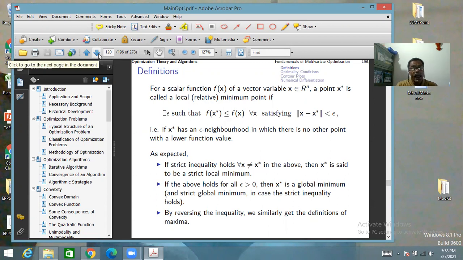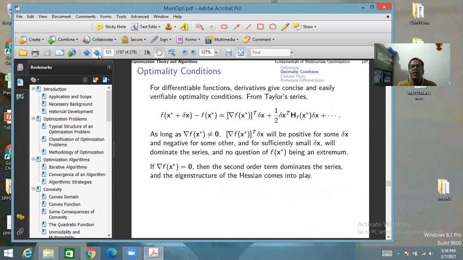Now, as in the case of single variable problems, if the function is differentiable, then derivatives will give more concise and easily verifiable conditions. And again, we go to Taylor series, but here the Taylor series is for a multivariate function. So here, rather than f prime, you have gradient transpose delta x. Since gradient is a column vector, you have to take the transpose to have this product, inner product basically, plus the second order term, plus higher order terms.